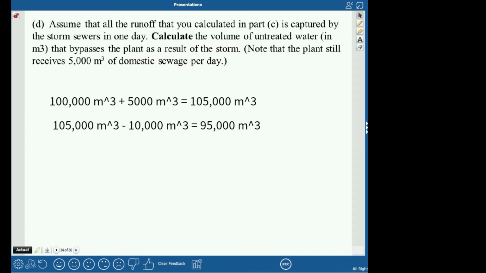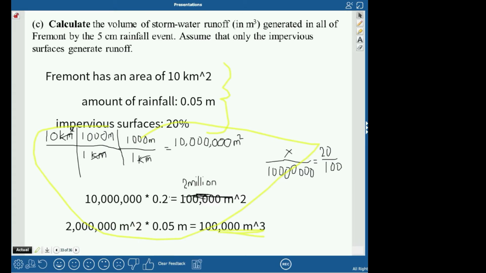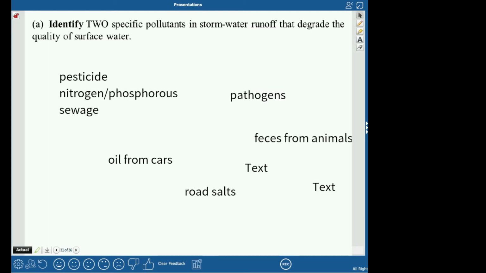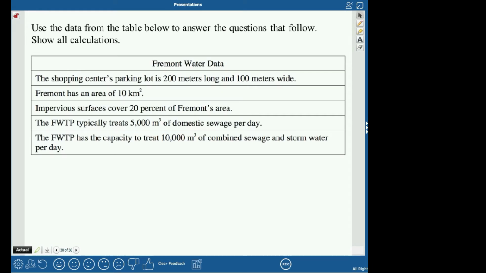Now, the 10 million in part C: that little box we had at the beginning said that Fremont had an area of 10 kilometers squared.